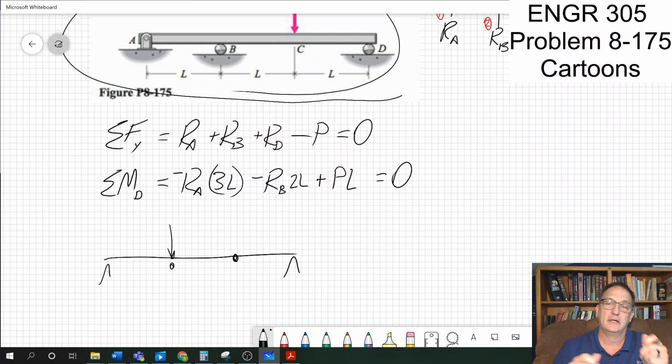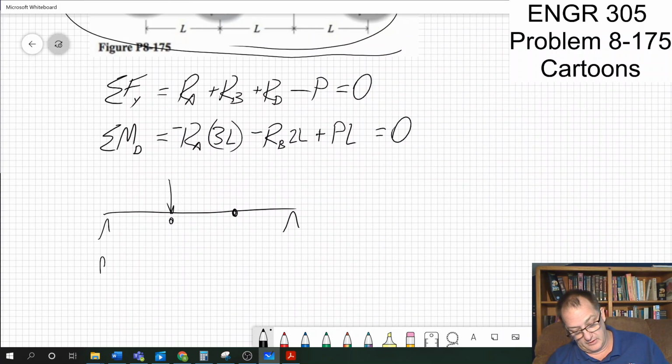And so that's going to be an equation, and I think I can just put those two things together, where the deflection at B is equal to 0.